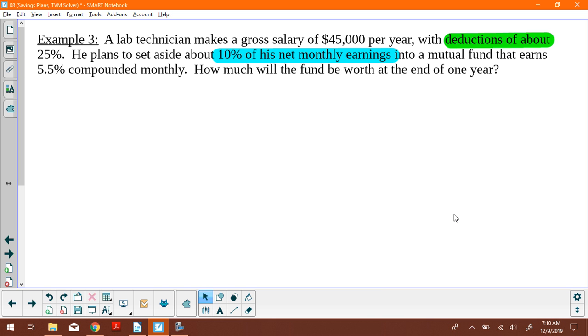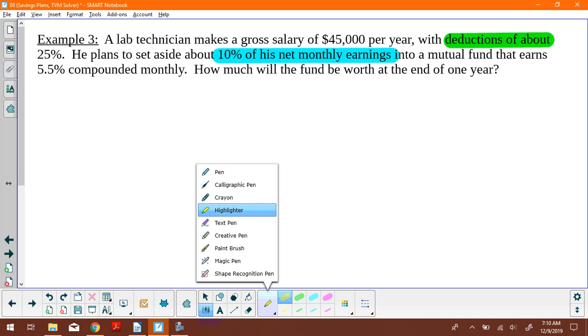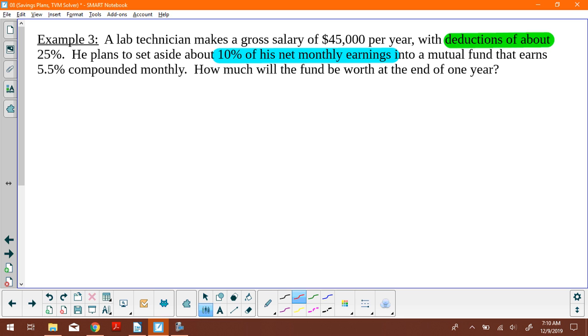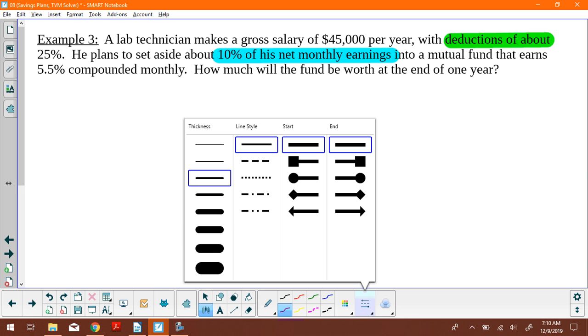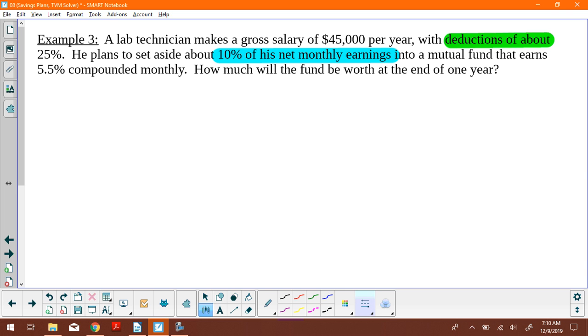Okay, so we're going to start with working towards what the monthly earnings are.